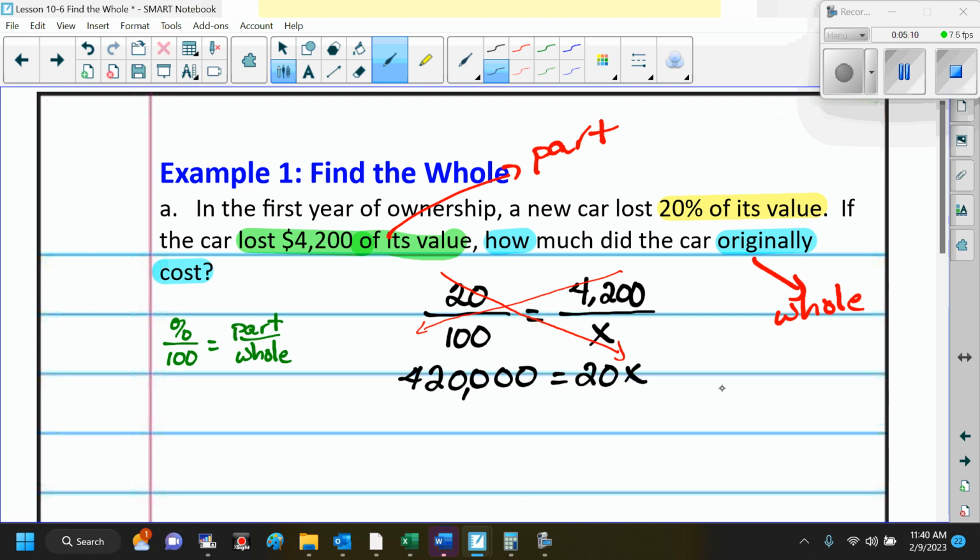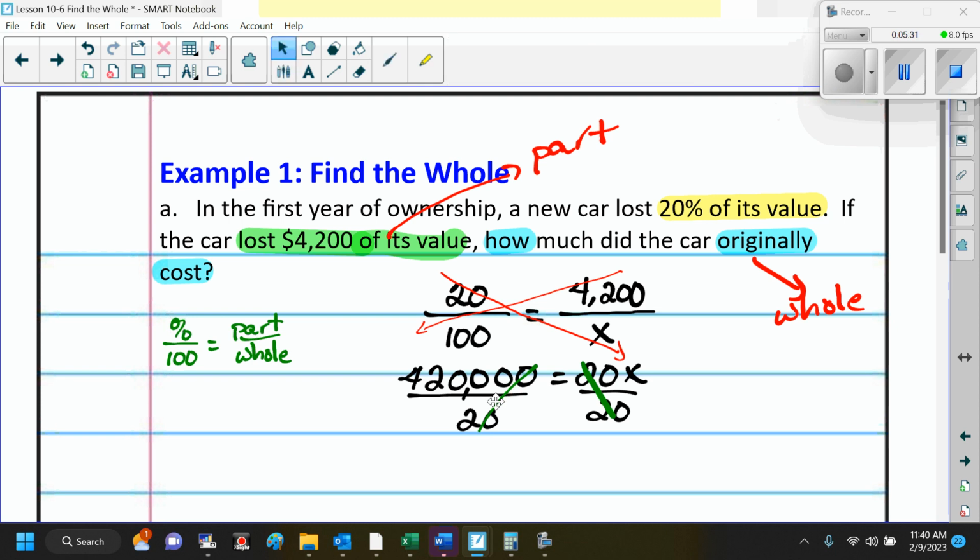And now, to solve for x, we want to divide by 20 on both sides. Is everybody clear? So here, those 20s cancel. And can I cancel a pair of zeros over here? Yes. Cancel a pair of zeros right there, which means that we divided by 10 to simplify.